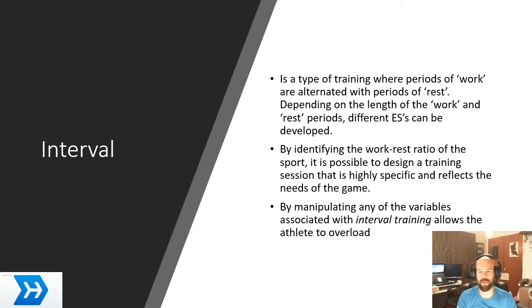That's going to be developing your ATP-PC energy system. So it's going to be more anaerobically focused because you've got that period of, let's say, 10 seconds, but then you've got more than enough time to recover those PC stores because it takes 3 minutes to recover almost 100%.